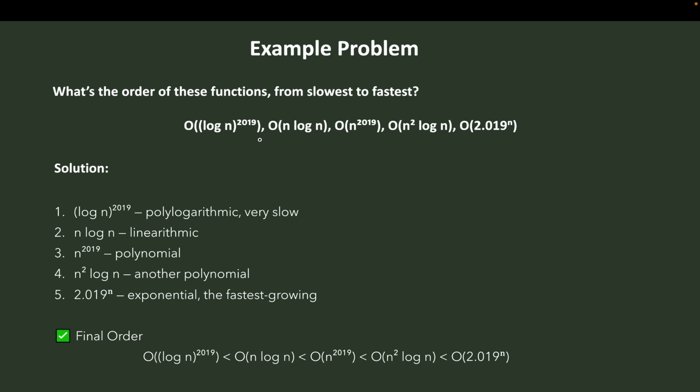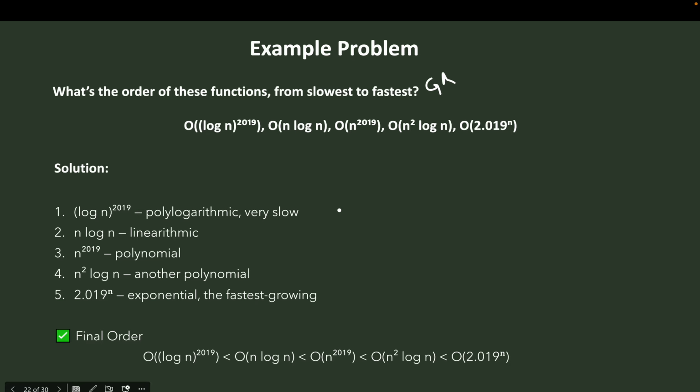For the last slide of this session, I give you an example. In this example, we have different functions, and we want to order them from the slowest to the fastest growth rate. I say again, fastest growth rate. Which one has the fastest growth rate?